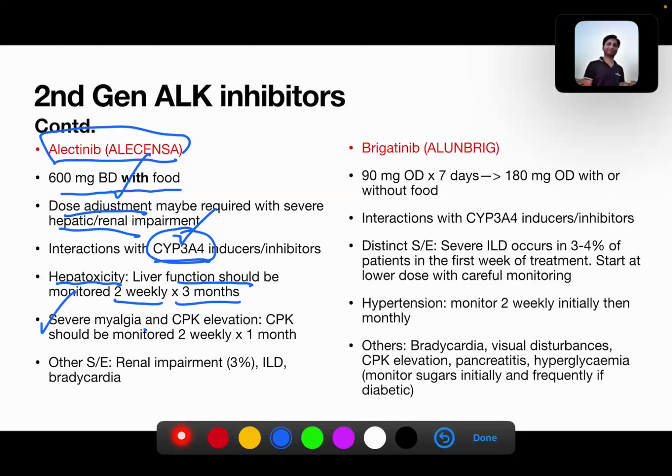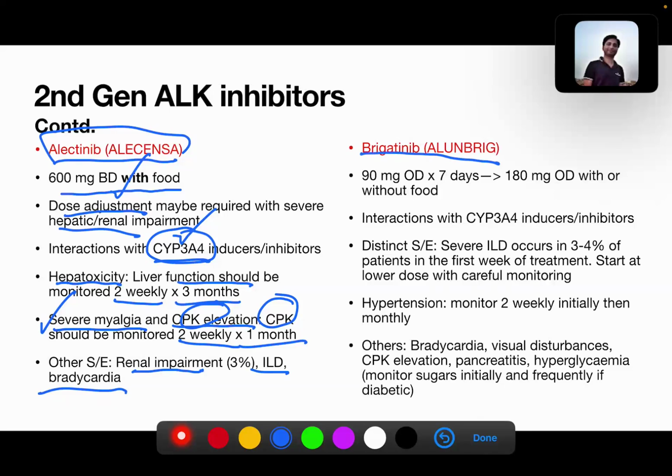You can also have severe myalgia and CPK elevation, so look at CPK every 2 weeks for the first month, because sometimes it can also cause rhabdomyolysis. Otherwise, you also see renal impairment, ILD, and bradycardia. Interesting ones are hepatotoxicity and CPK elevation.